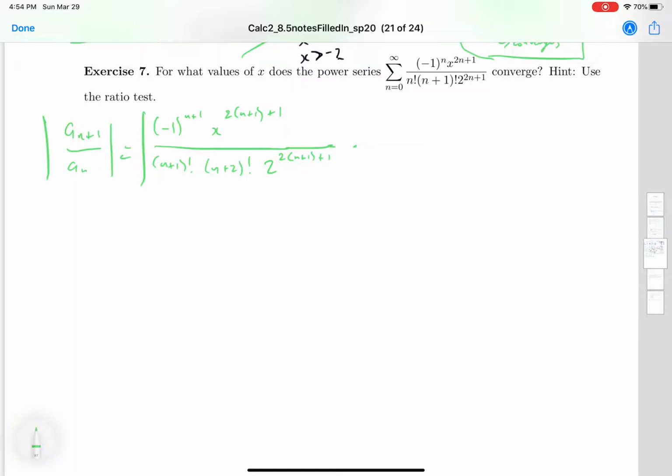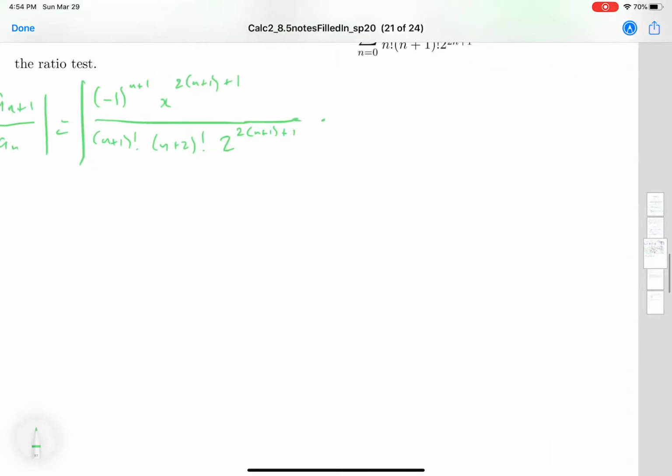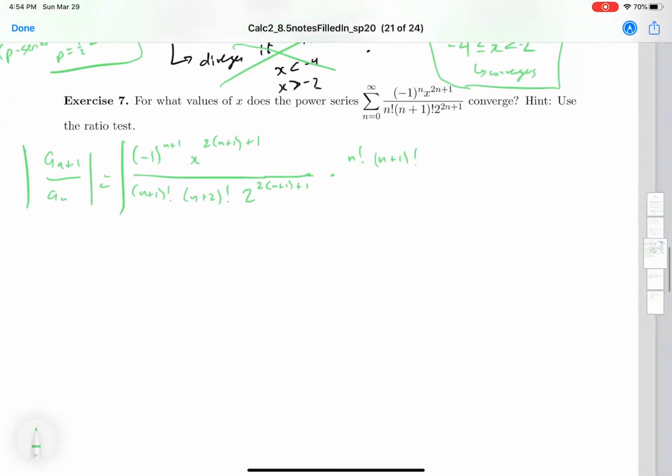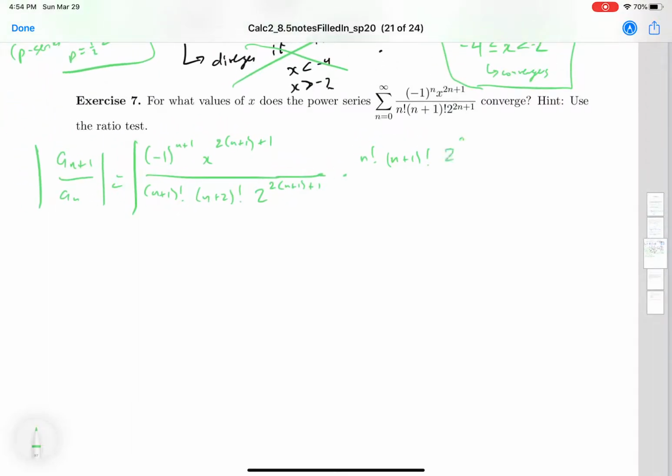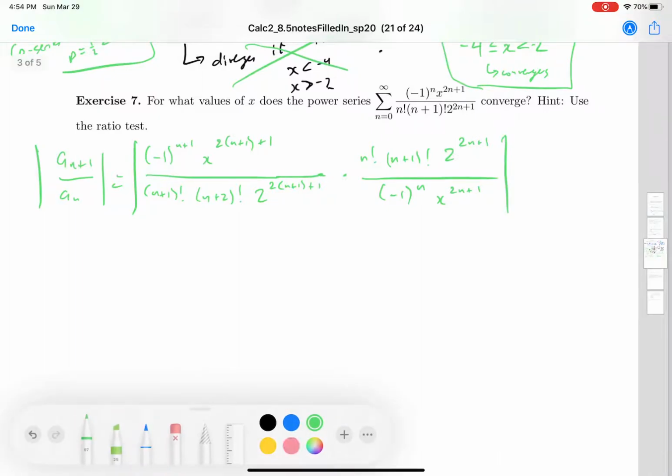And then, of course, I'm going to be dividing that by a sub n, but that's the same thing as multiplying by the reciprocal. So this is going to give me an n factorial, an n plus 1 factorial, a 2 raised to the 2n plus 1 divided by a negative 1 to the n and an x to the 2n plus 1.